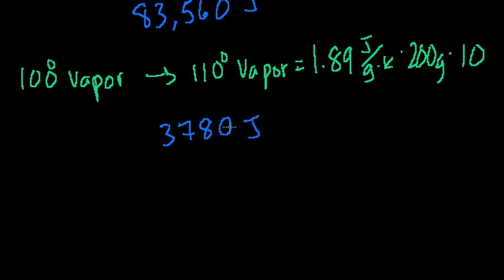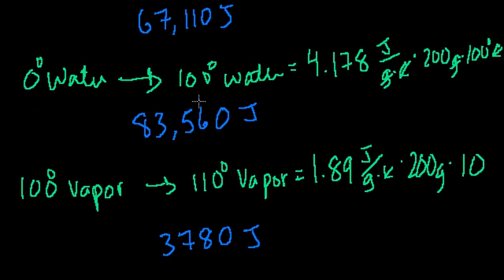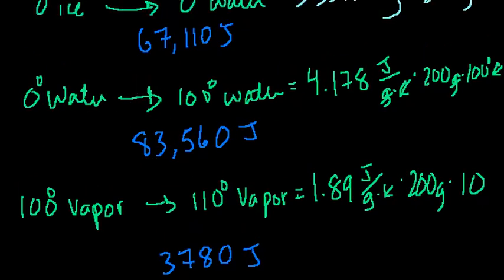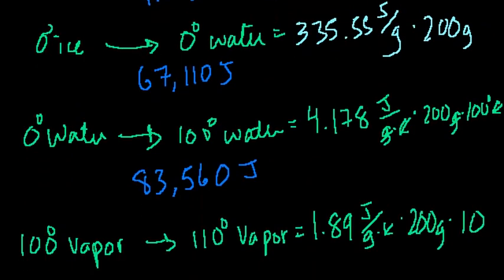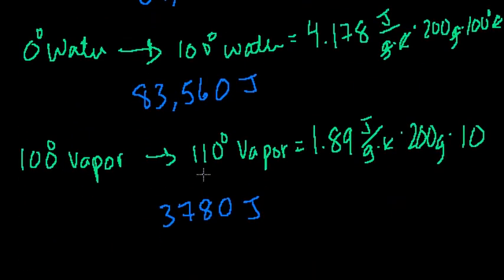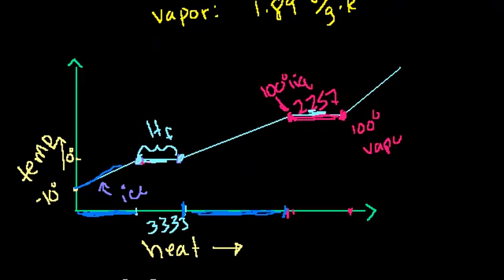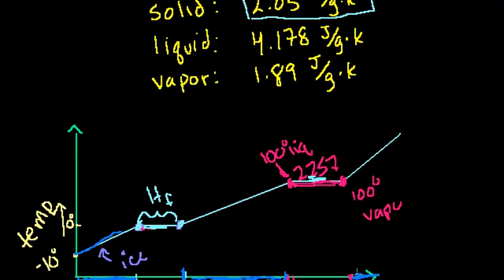And I just realized I made a horrible mistake. Because look, it's not an irrevocable mistake, otherwise I would re-record the video. But I just figured out the amount of energy to take it from 0-degree water to 100-degree water, which is this energy right here, right? And now I just calculated how much energy to go from 100-degree vapor to 110-degree vapor, which is that distance right here.